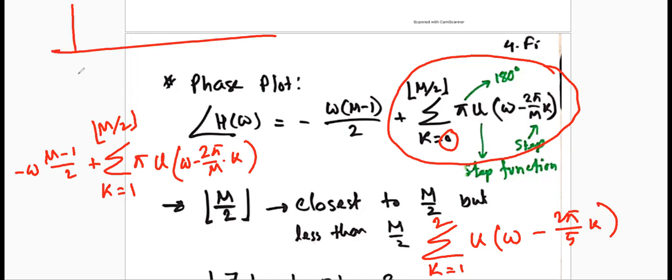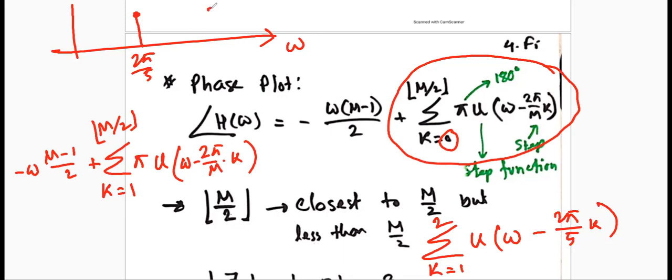In the time domain, how does it look? I'm drawing this unit step function, where we are getting the stem at k equal to 1. We are getting the first stem. What is the location? This is twice pi by 5, on omega. Where is the second stem?